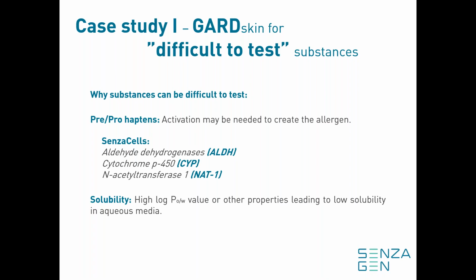One thing that has been suggested to be quite tough to test in in vitro systems is pre and prohaptens, because they would require some kind of activation in order to create the allergen.